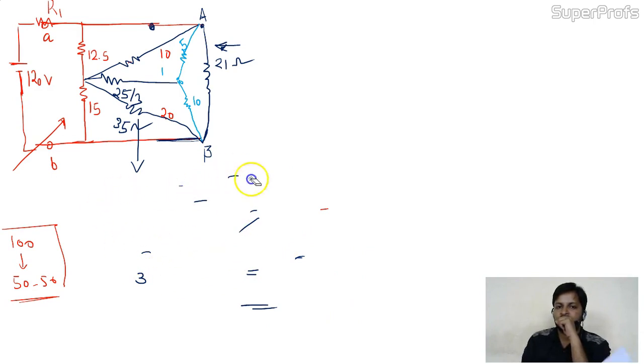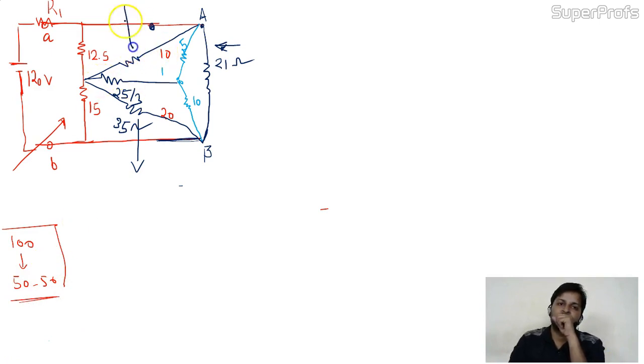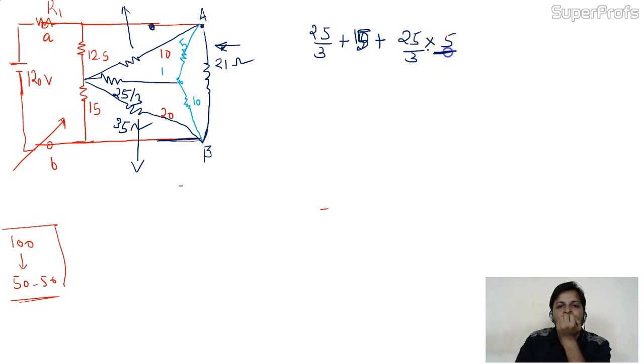Now, friends, we have the third branch now. We have to calculate the value of the third branch. The third branch is this one, and its value is nothing but 25 by 3 plus 5 plus 25 by 3 into 5 divided by the remaining branch, and that is 10.